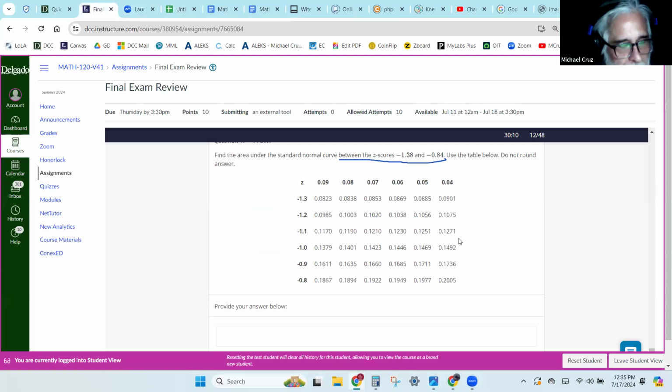All right, let's go back. So it's between. Now the way that between works is we have to find the two areas for each one of the z-scores, and then we subtract the smaller from the largest, and that gives us the between. So we look up the two, negative 1.38. We go to the first one, which would be here, and then go out to right there. Negative. So that's that one. And then we look at the other one.